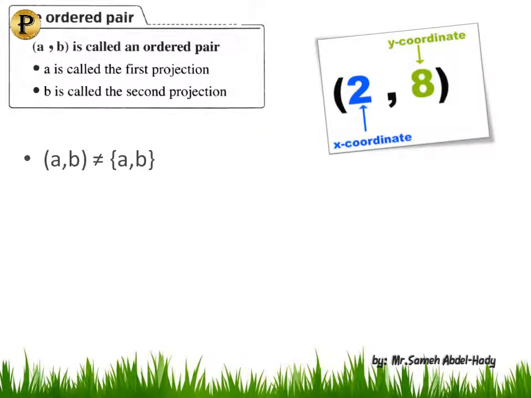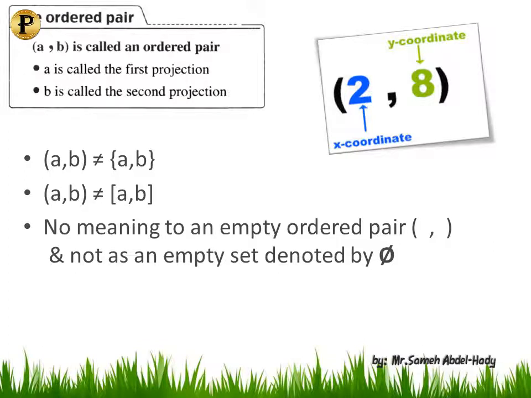So we said the ordered pair (a, b) doesn't equal the set {a, b}. Then we said the ordered pair (a, b) doesn't equal the interval [a, b]. And we said why. And there is no meaning to an empty ordered pair, not as an empty set denoted by phi.